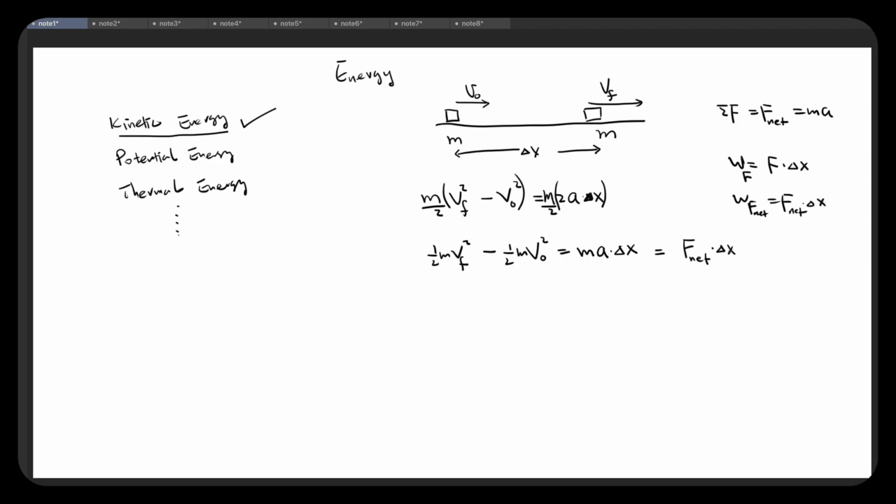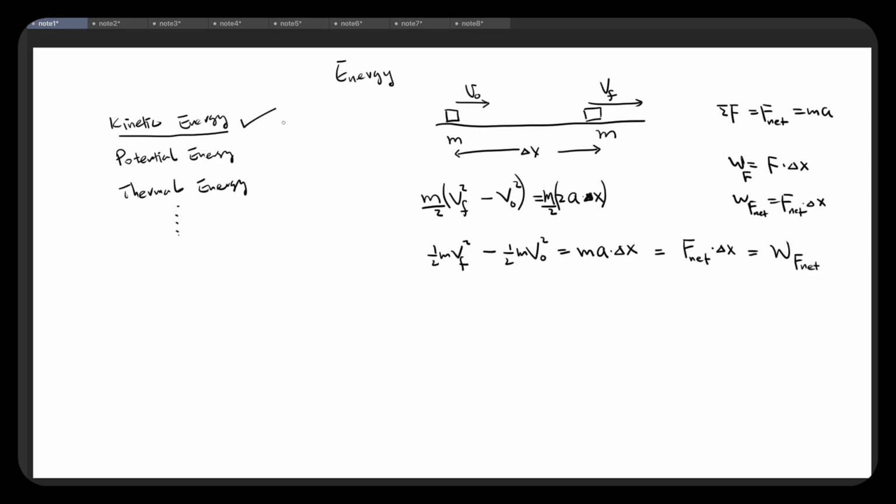Okay, so now you can see the right side here is the work done by a net force. So after you do a free body diagram for an object, and then you figure out the net force F net, then the work done by such a net force is related to the left side. Okay. Now the definition of kinetic energy is exactly the left side.